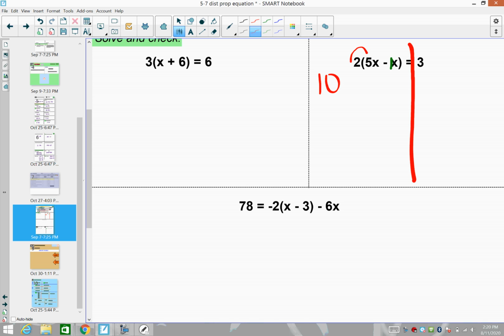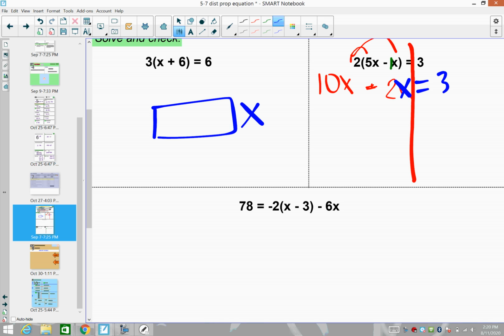10, reattach the x. Operation is subtraction. 2 times 1 is 2. Reattach the x. And that equals 3. So if I build myself a variable box, the x box, we have 10 x's minus 2 x's, which result in 8 x's. So we have 8x equals 3.